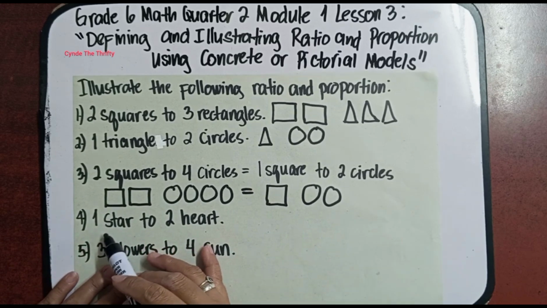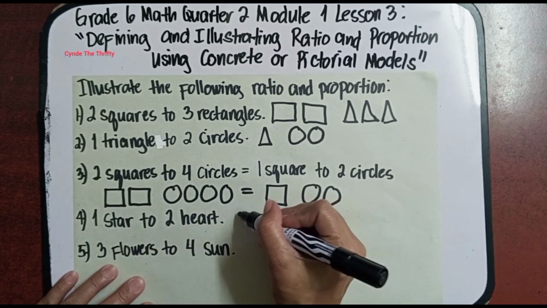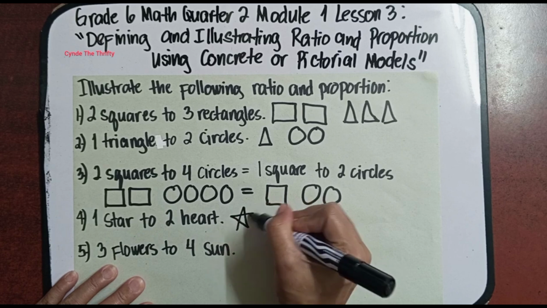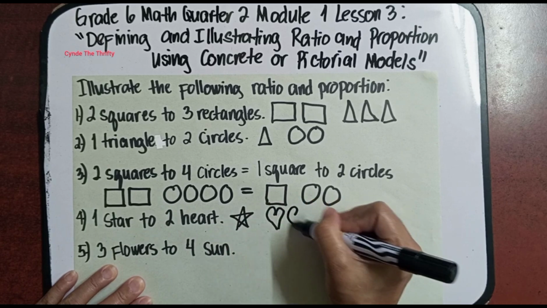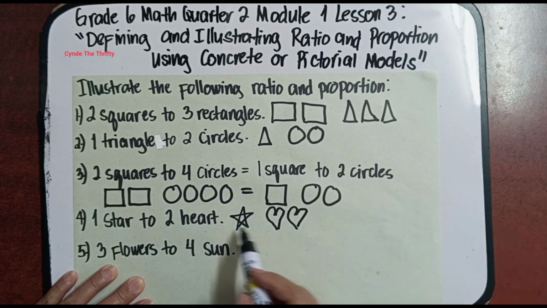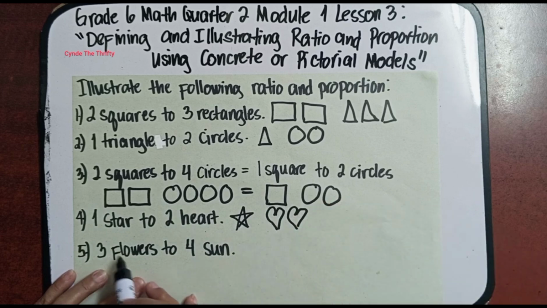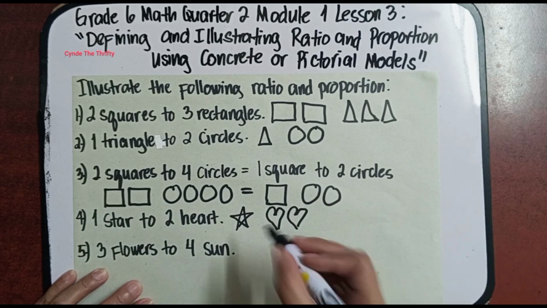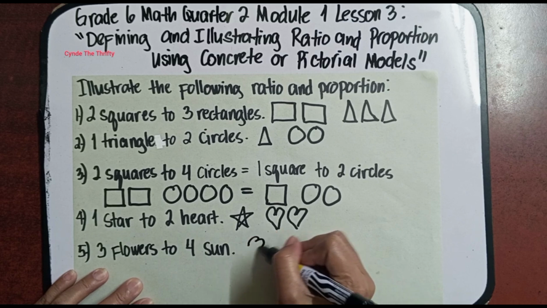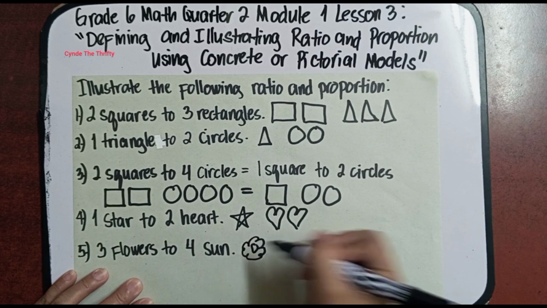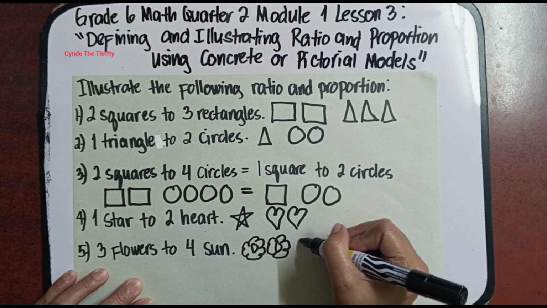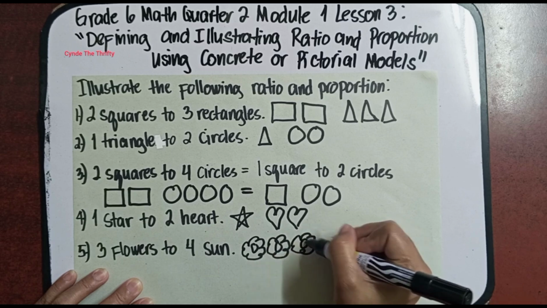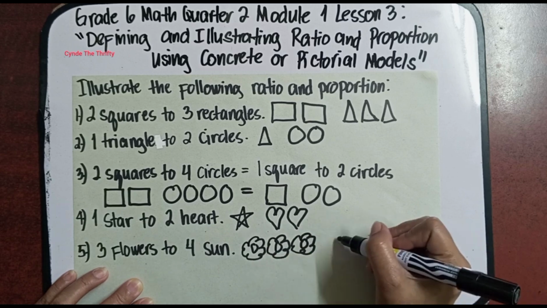Number 4, 1 star to 2 heart. Okay, so 1 star to 2 heart. And then, dalawang heart. Yan. So, 1 star to 2 heart. And lastly, 3 flowers to 4 sun. Okay, so magaling akong mag-drawing ng flowers. 1, 2, hayaan nyo na ang flowers natin ha. 3, tatlong flowers to 4 sun.